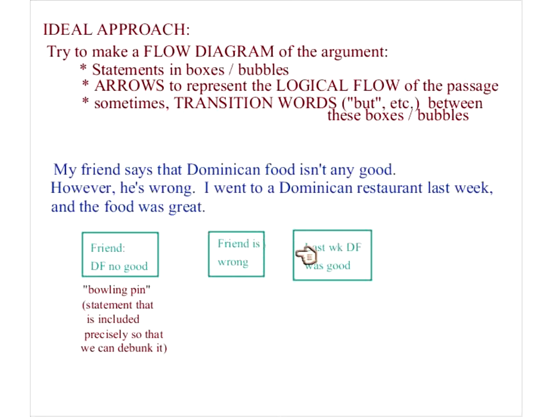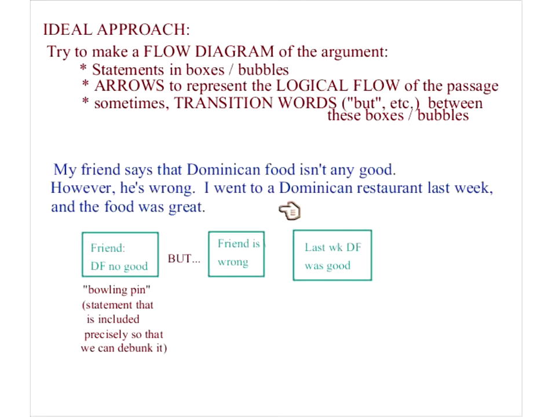And then this is a counter argument. So we're not going to have any arrows between this statement and that statement, because that wouldn't make any sense, right? This is not support for anything here, nor is anything here support for this. So instead, what you would put is a large "but" between these two things.